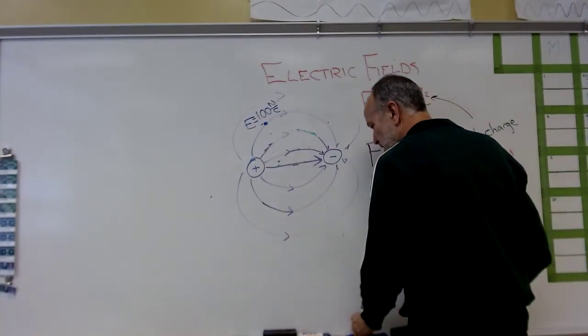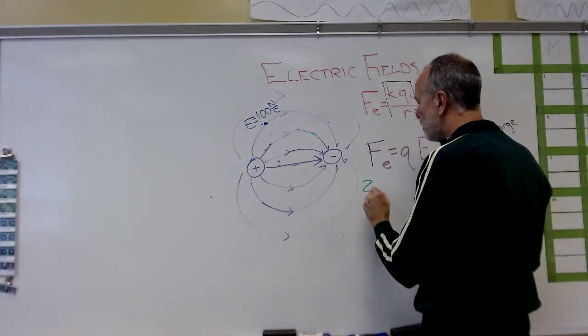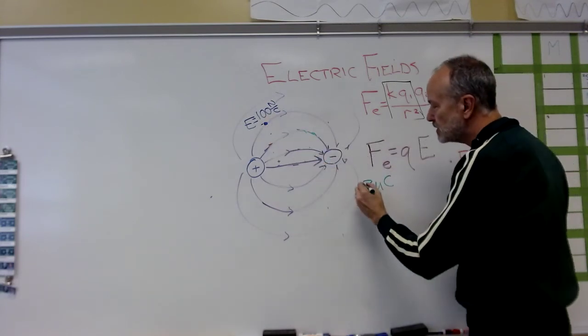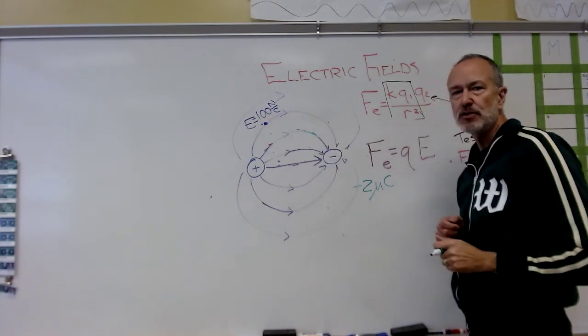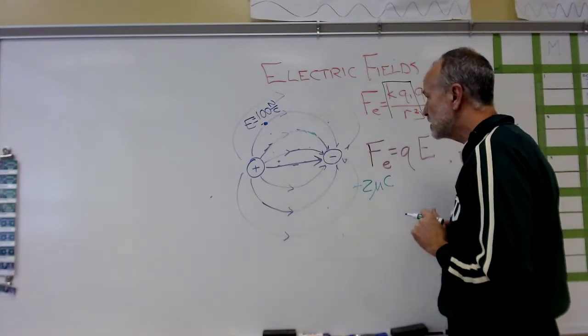And if I ask, I'm going to put a 2 microcoulomb charge right there. Let's make it interesting. A negative 2 microcoulomb charge right there. What force would it experience?